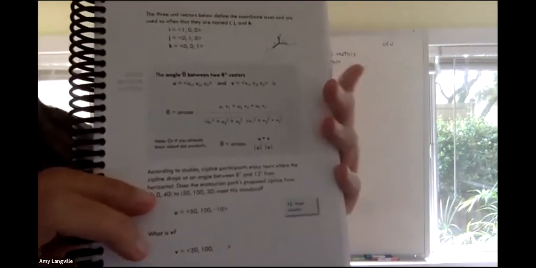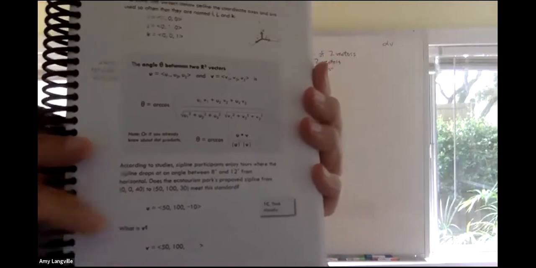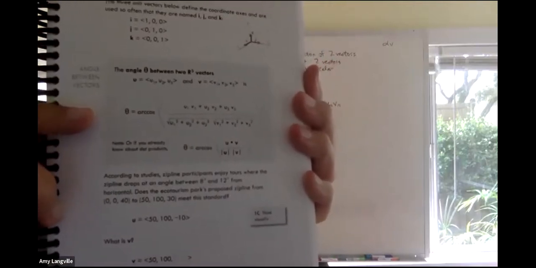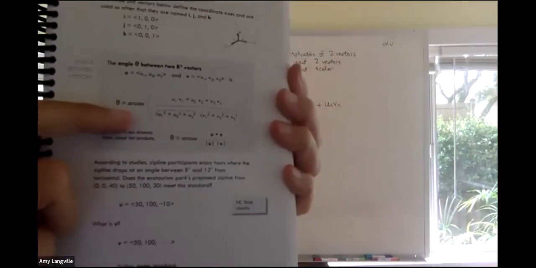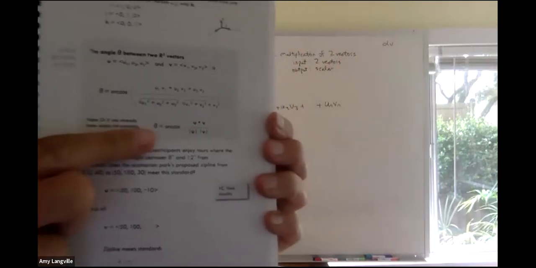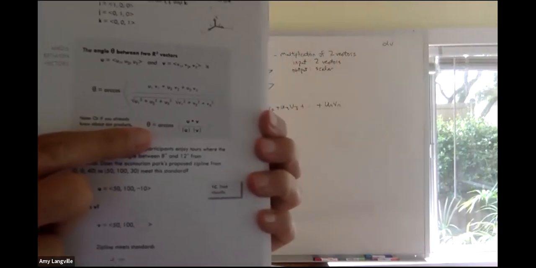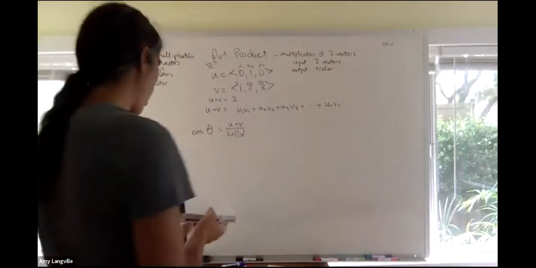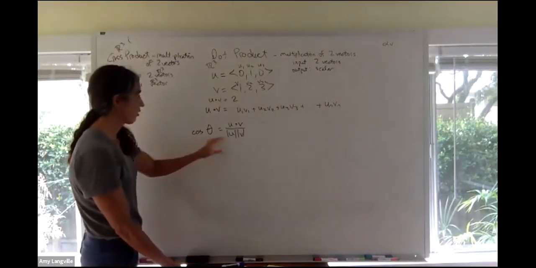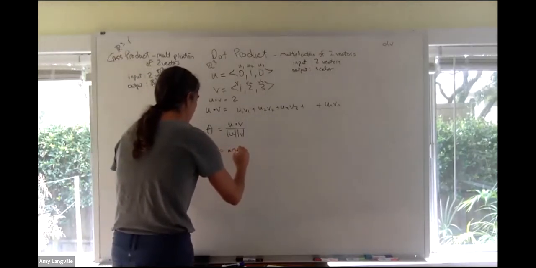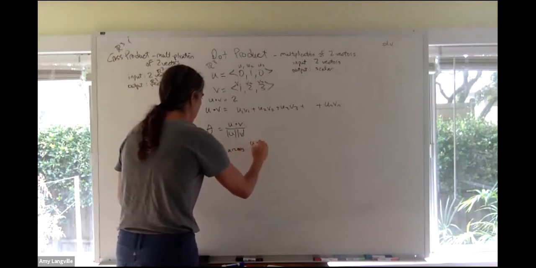When we first learned about vectors, we saw this also in book 3 and it's repeated here. If you have two R3 vectors, the angle between them is given by this formula, and for Rn vectors in general, you can just use this dot product formula here. So theta is the arc cosine of this, or you often see this formula written the cosine of theta is that, or theta is the arc cosine of u dot v over the magnitude of u times the magnitude of v.